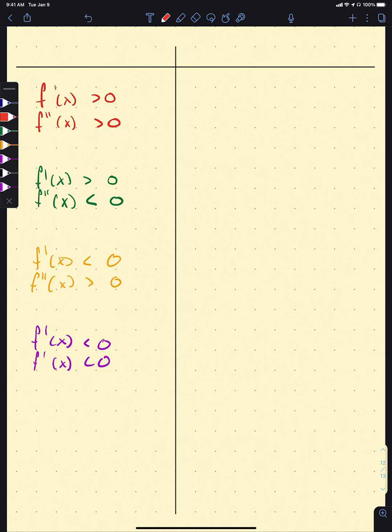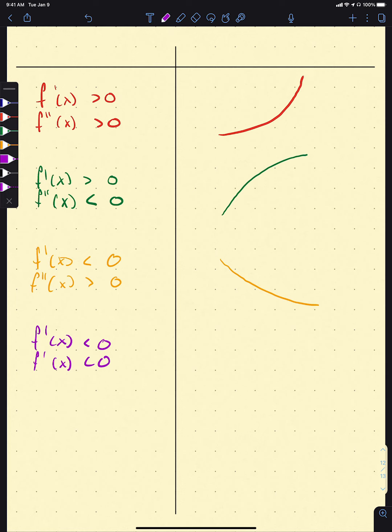What's again nice is the way these work together will characterize our graph, right? In the red case, we're increasing and we're concave up. So the rate that we're increasing is increasing. In the green case, we're increasing, but we're concave down, right? So we're increasing, but the rate that we're increasing is decreasing. For yellow, we're decreasing, but we're concave up, right? So maybe something like that.